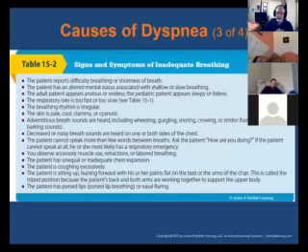So if our patient is pursed lip breathing, they're trying to boost their own PEEP by increasing the back pressure slightly. All right.